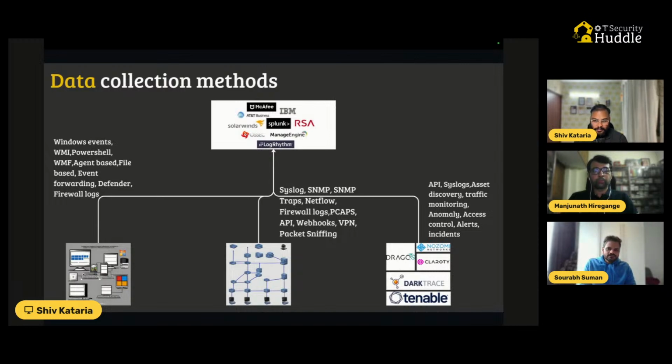So you need to know how to write queries and what type of queries. If you want to find an IP address, you can list what vulnerabilities or alerts are related to this IP address. So this type of query writing method you need to know, even if you want to become an L1 analyst simply.